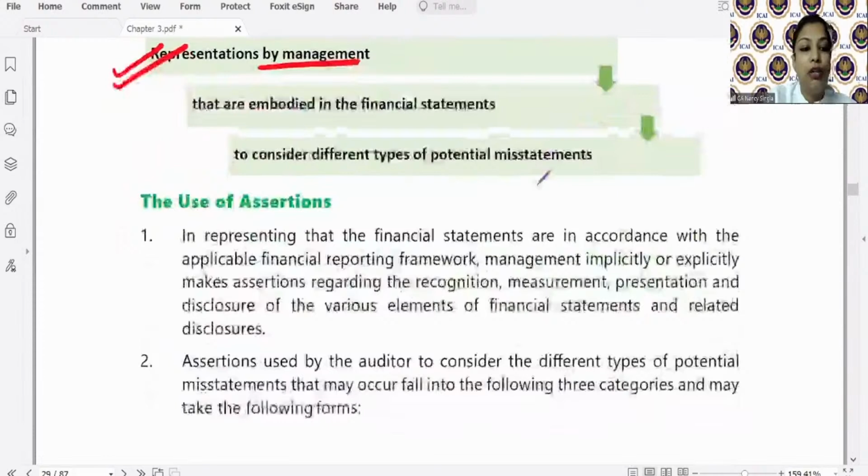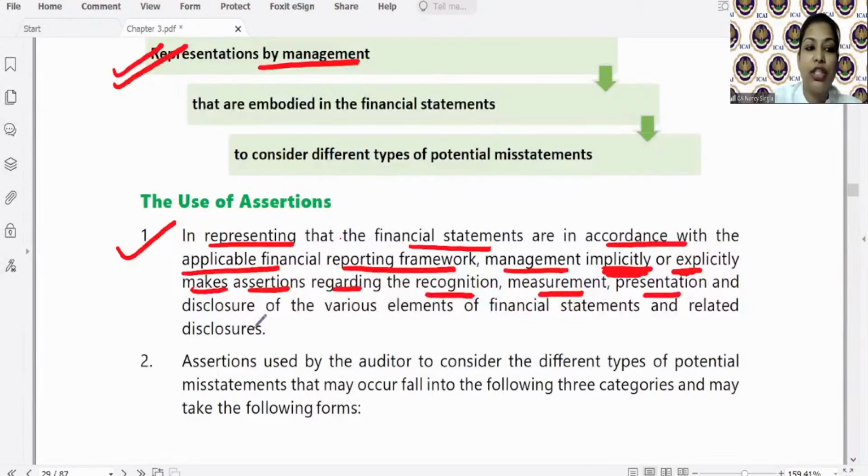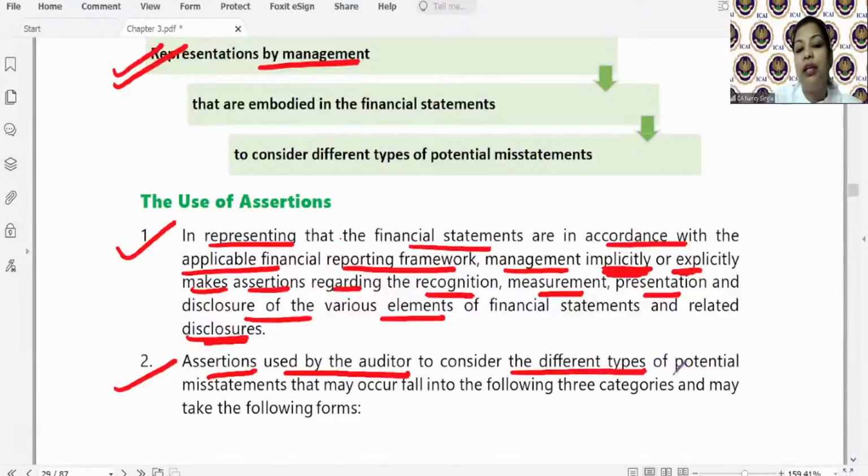Okay? So, in representing that the financial statements are in accordance with the applicable financial reporting framework, the management implicitly or expressly, or what is mentioned? Explicitly makes assertions regarding recognition, measurement, presentation, and disclosure of the various elements and related disclosures. Assertions used by the auditor to consider different types of potential misstatement that may occur fall into the following three categories.